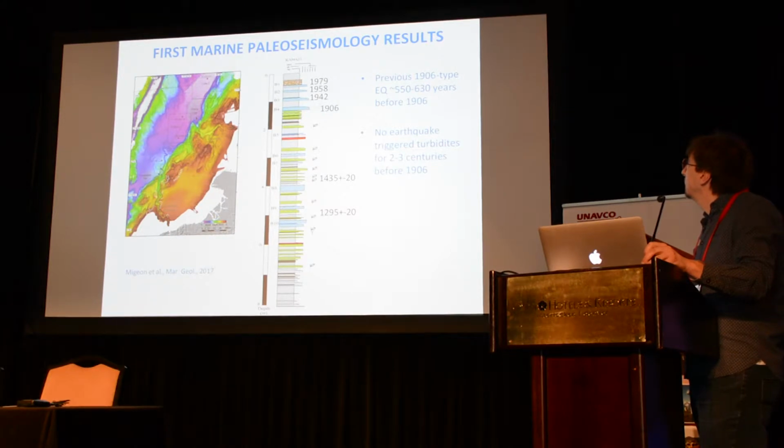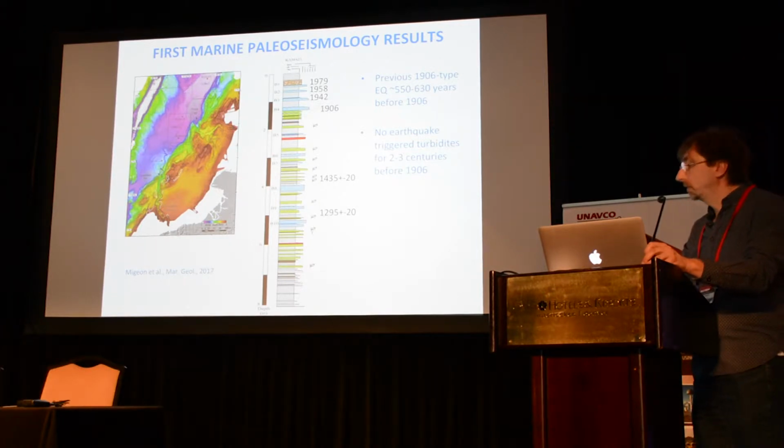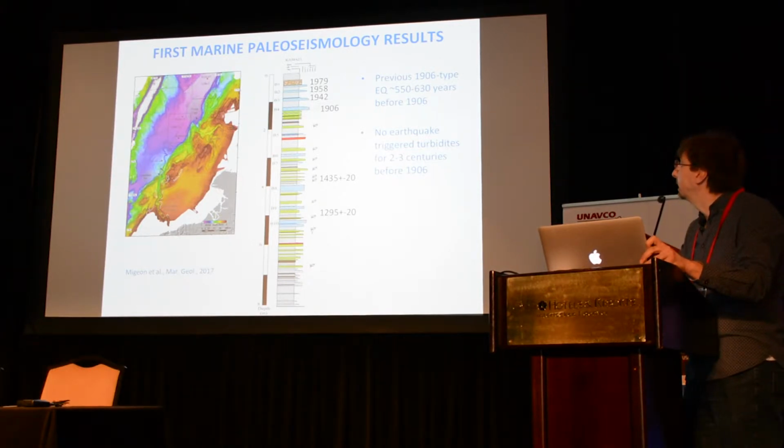They could identify these turbidites for all the sequence during the 20th century. And what you see before is that there are very few events. There was a big event somewhere in the Middle Ages, but it looks like there was a period of quiescence before the sequence of large earthquakes during the 20th century.